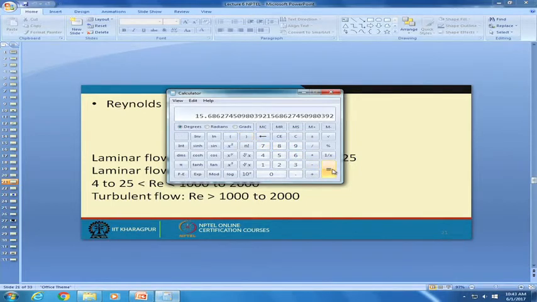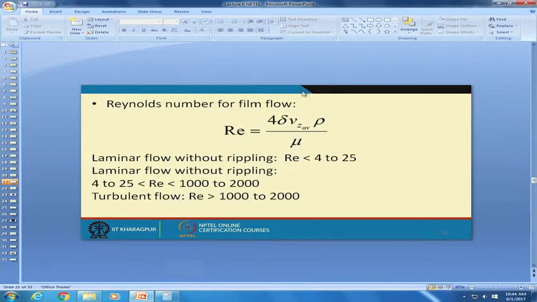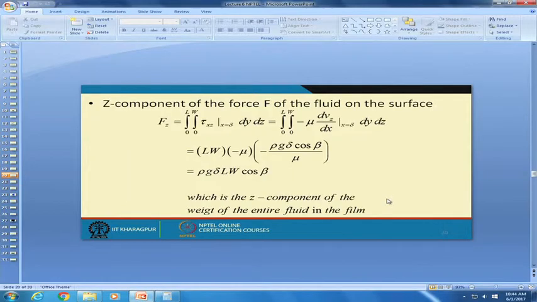Oh, that is coming 15, and 10 to the 3, if that goes up, then it is 15,000. Then where did we do anything wrong? So V average, Reynolds number is so much, right, and V average we found out is given 0.03, NRE is given that. Then where did we make the thing wrong, right?